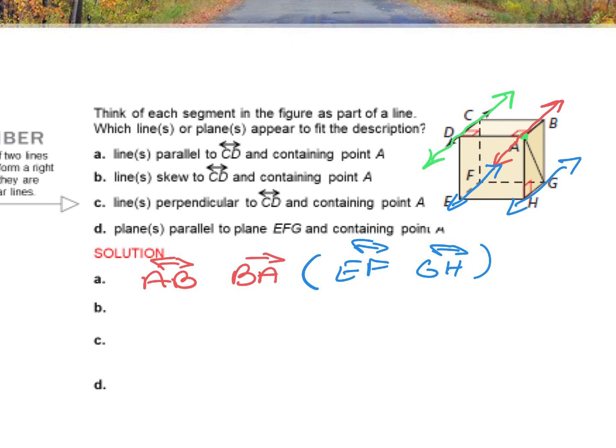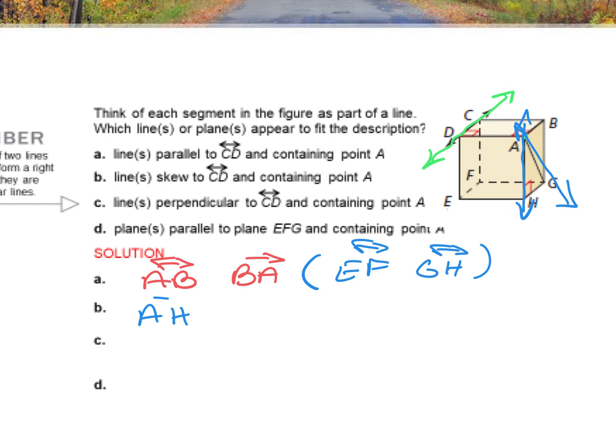Let's try example 2B. It wants a line skew to CD. So let me get rid of this. I'm just going to leave the green. So skew to CD, but goes through point A. Skew to CD could be AH, and it could also be AG.